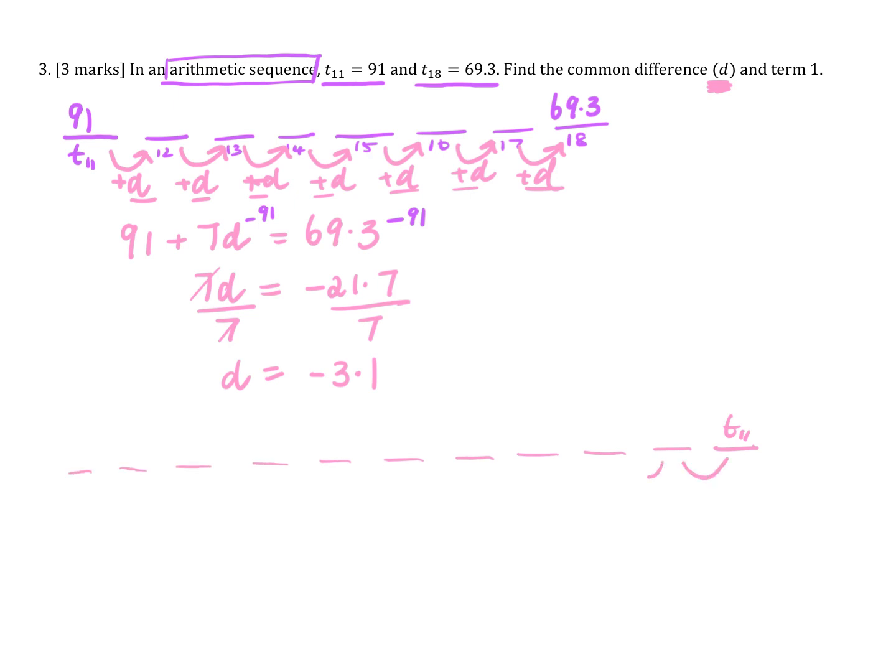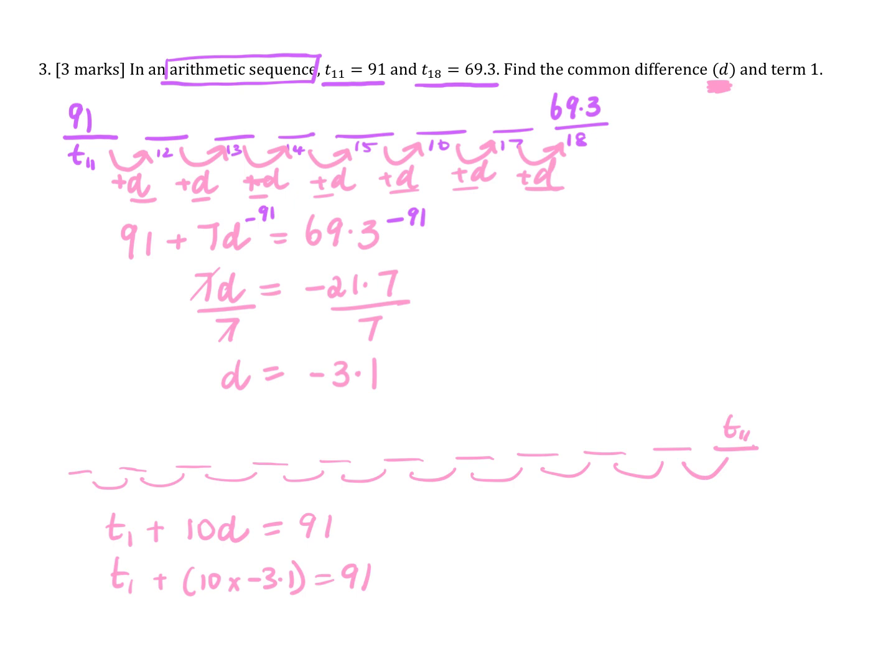Well, if I've got term 11 here, 11, 10, 9, 8, 7, 6, 5, 4, 3, 2, 1, I can jump back 1, 2, 3, 4, 5, 6, 7, 8, 9, 10. So I can say term 1 plus 10 lots of the difference gives me term 11, which is 91. So I know what the difference is. Term 1 plus 10 times negative 3.1 equals 91.